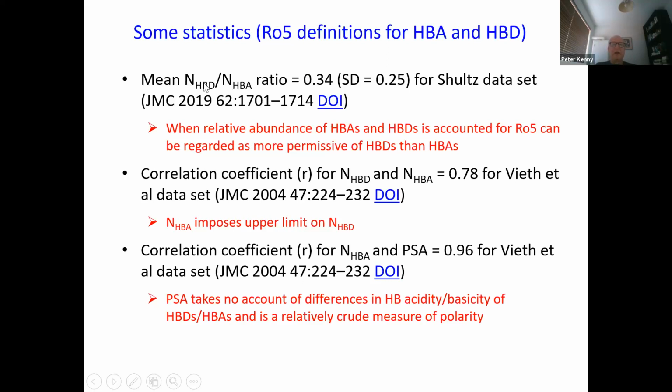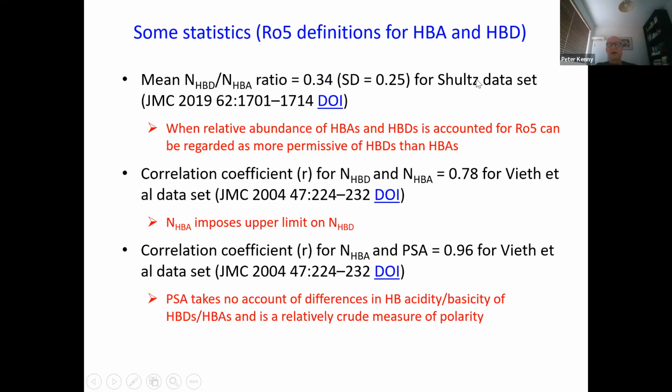First thing here, what I've done is take the ratio of the number of hydrogen bond donors to the number of hydrogen bond acceptors. In the rule of 5, that ratio is effectively the cutoff. So the ratio is 1 to 2, so half. But if you take the Schultz data set, which is a database of drugs, you find that hydrogen bond donors are fairly scarce.